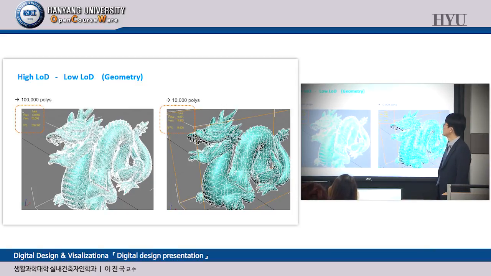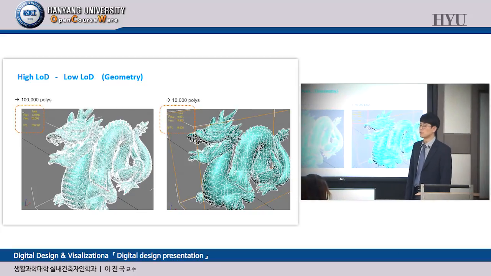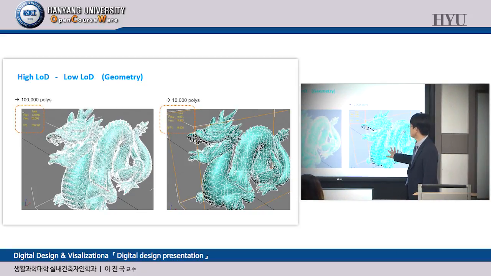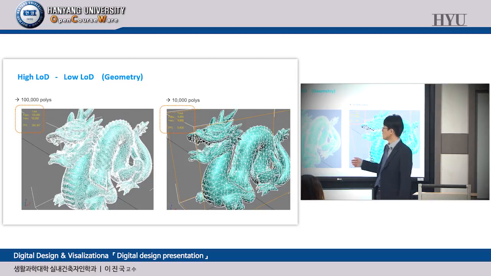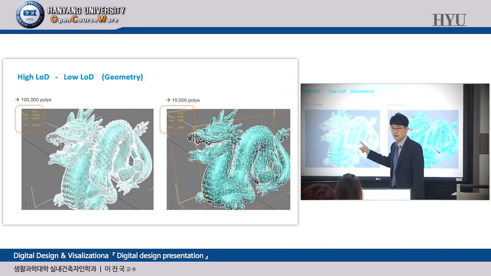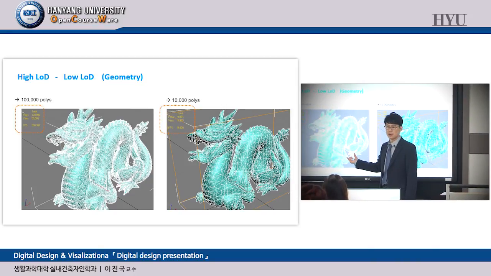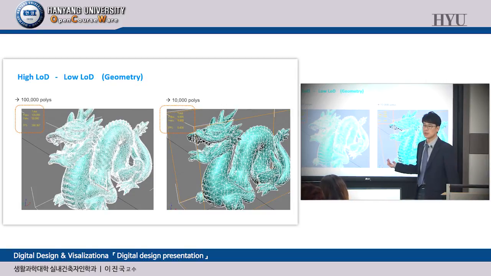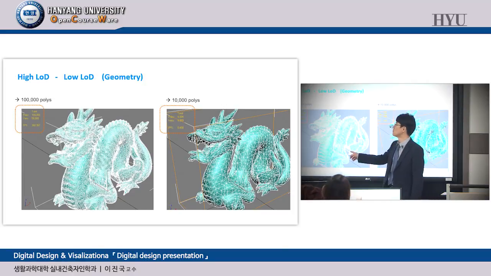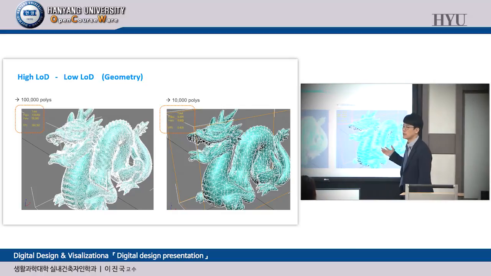Another one, 10,000 polygons. So this original Stanford Dragon has 10 times more polygons, okay? So in terms of level of detail, which one is high LOD? Of course, this one, okay? This is higher level of detail, lower level of detail.